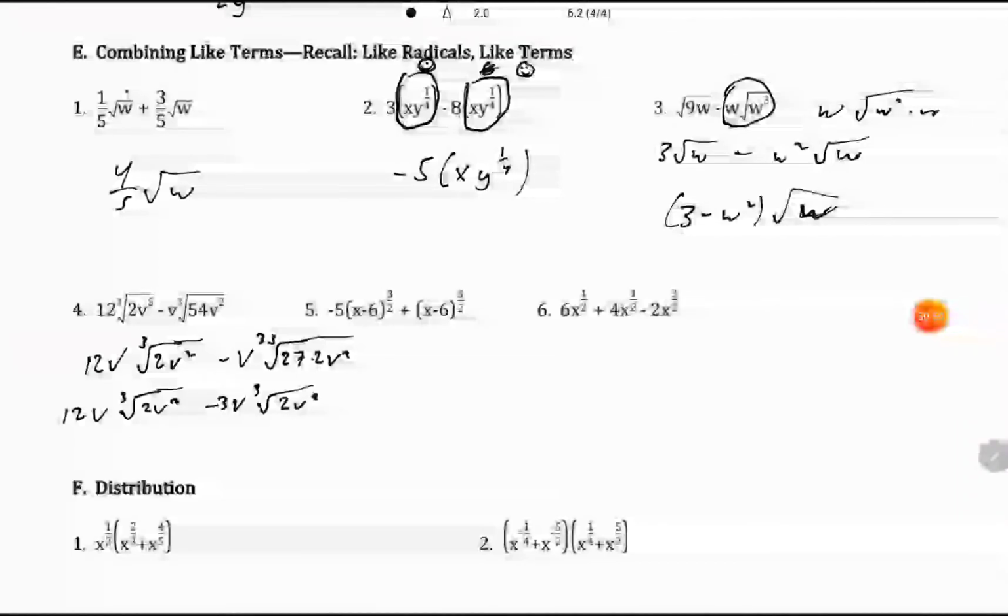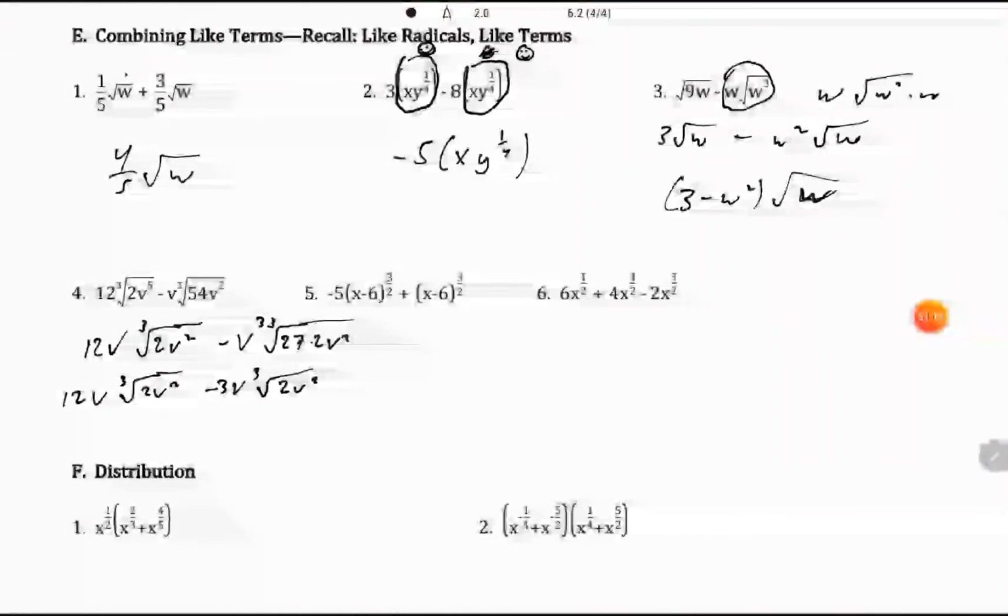2v squared outside. Oh, did I misread? I misread this.